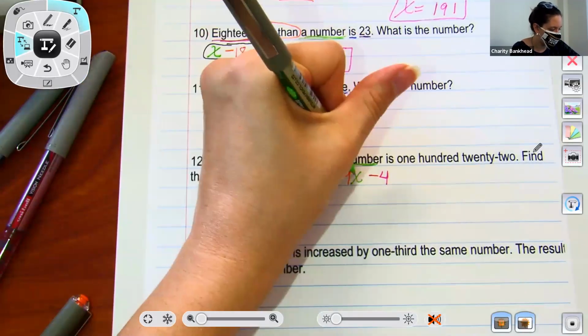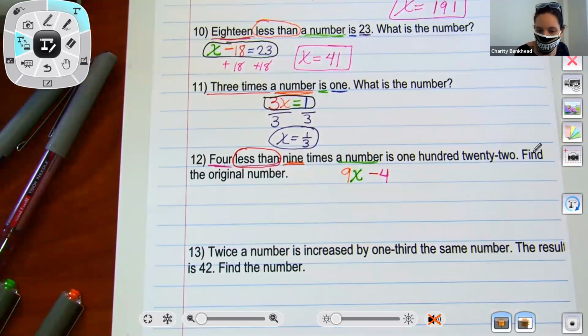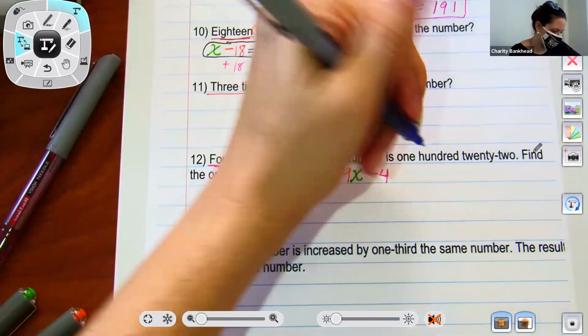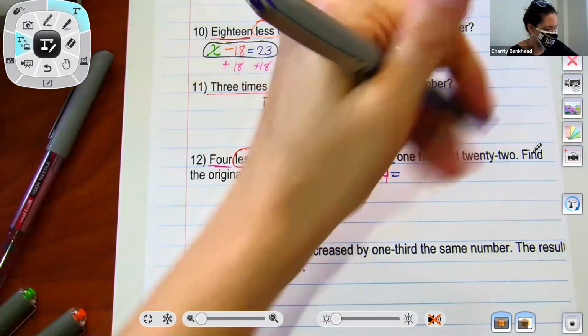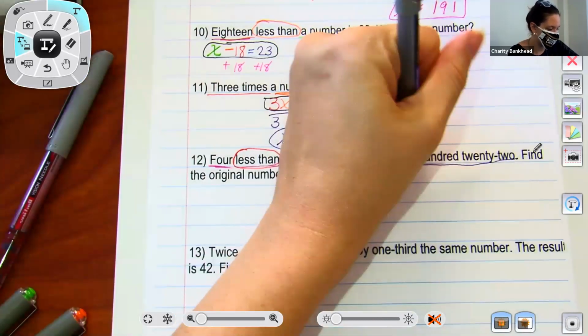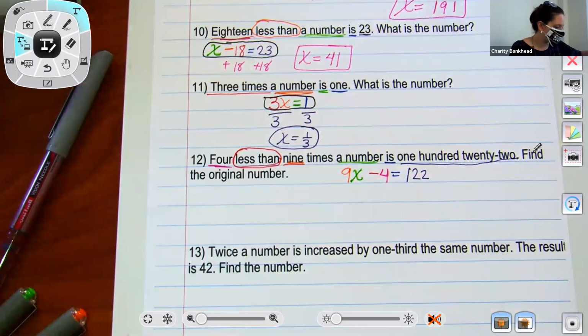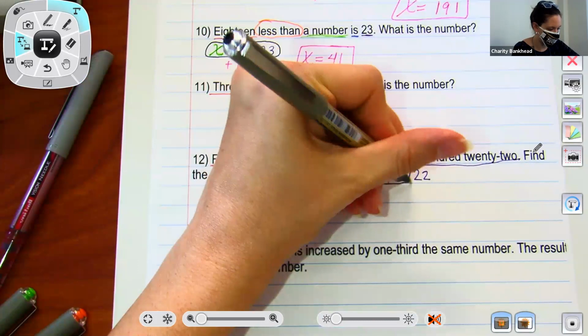So 4 less than 9 times a number. So that means 9x minus 4 is, so that's equals, and then 122. So 9x minus 4 equals 122. So that is the equation.